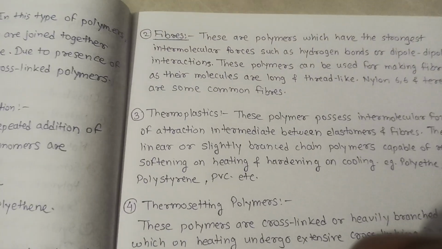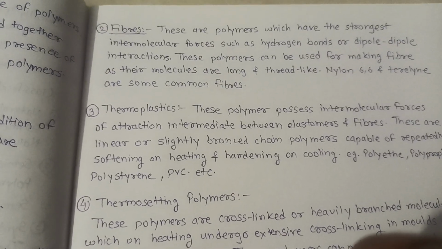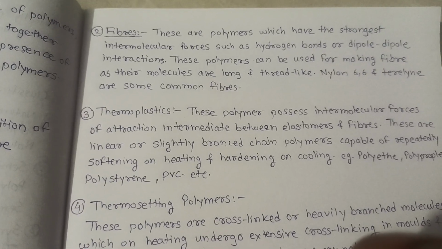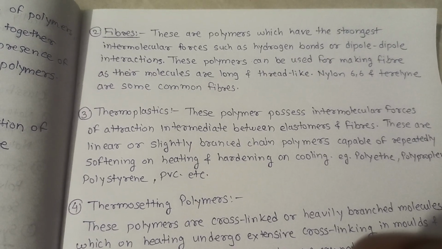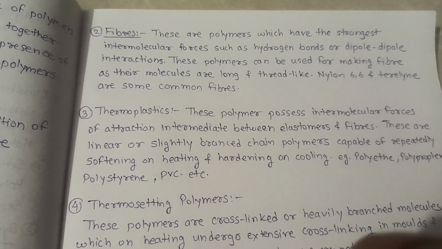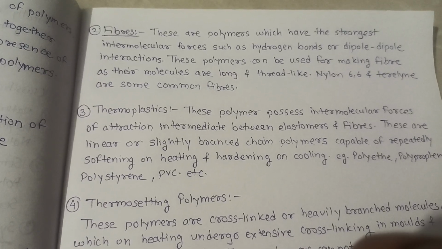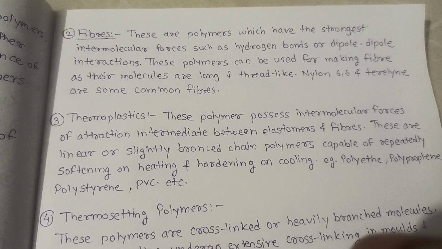The next category under molecular forces is fibers. These are polymers which have the strongest intermolecular forces, such as hydrogen bonds or dipole-dipole interactions. These polymers can be used for making fibers, as their molecules are long and thread-like. Nylon 6,6 and terylene are some common fibers.